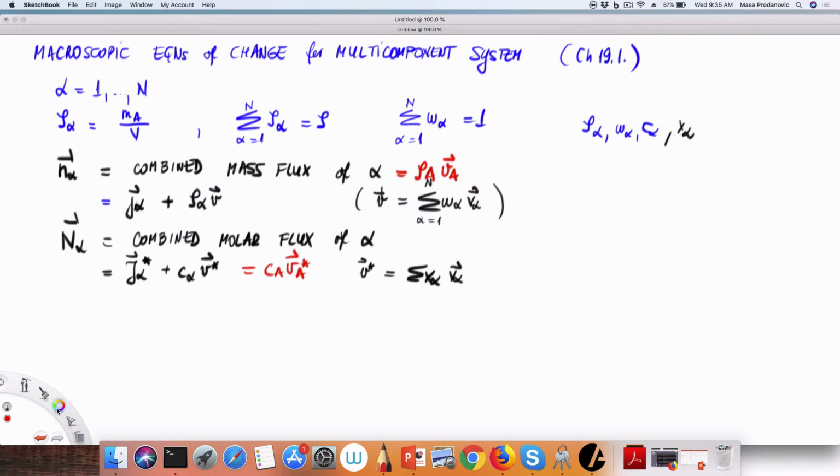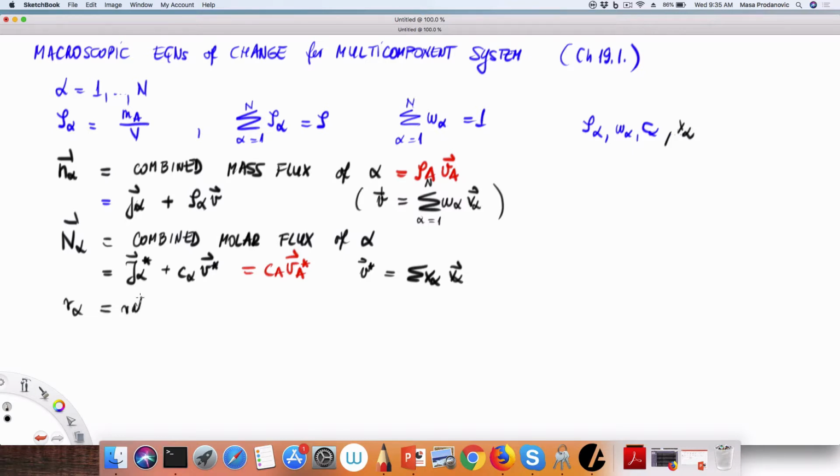And one thing for general formulas that I'm also going to take into account is my R alpha, and that is the rate of production. I might have chemical reactions, and I often do. As a matter of fact, when I have chemical reactions, I need to track down individual chemical species most of the time.